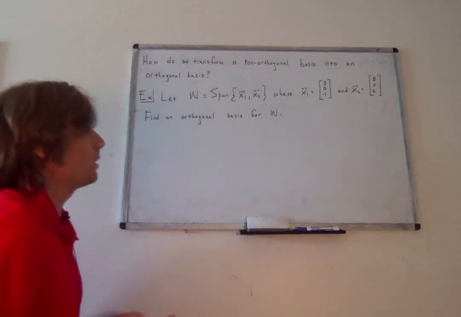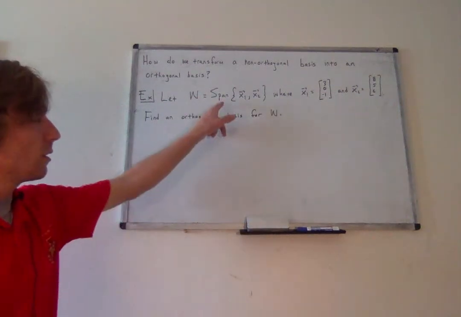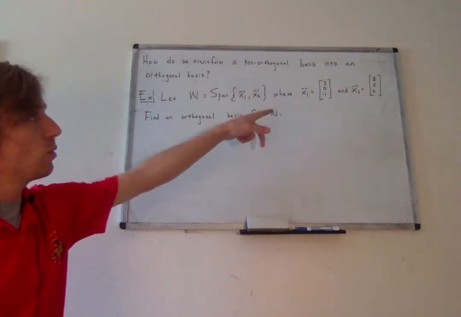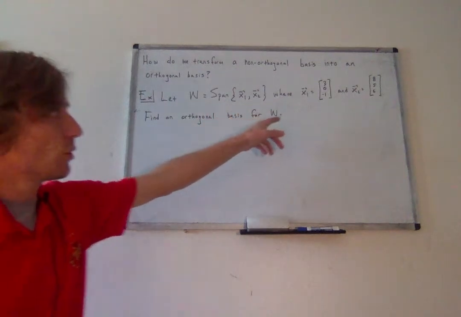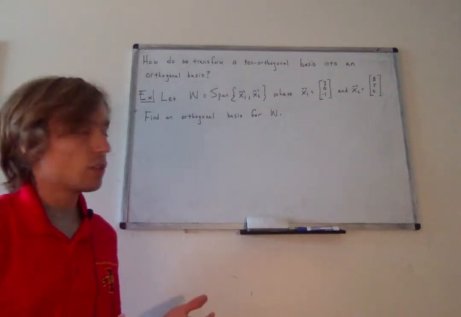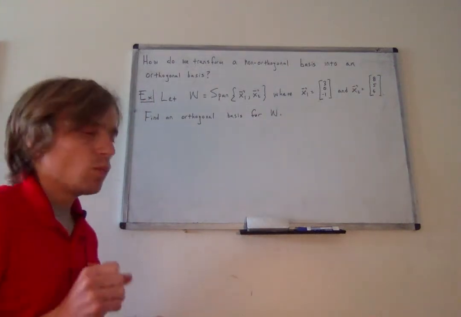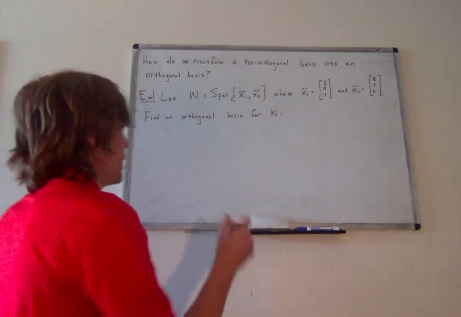So we're given this subspace W spanned by x1 and x2. These 2 vectors are linearly independent, and you could quickly take the dot product to determine these vectors are in fact not orthogonal. So we need some way to find an orthogonal basis.